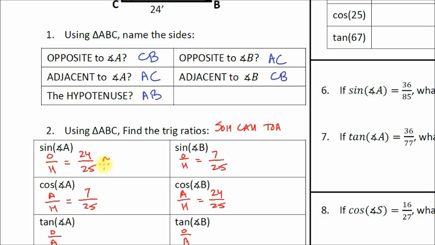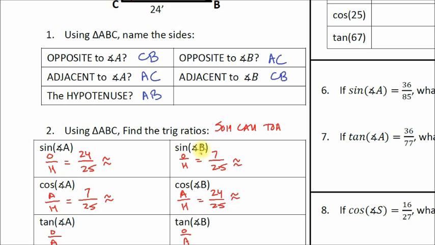Again, I want you all to see this relationship. You need to know this relationship for the test. If you know that sine of angle A is 24 over 25, then cosine of the other reference angle, which is angle B, is going to be the exact same value.